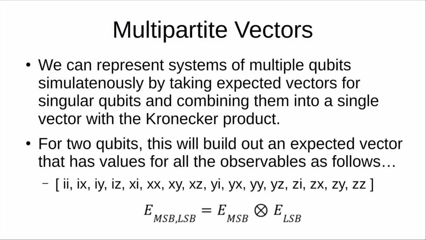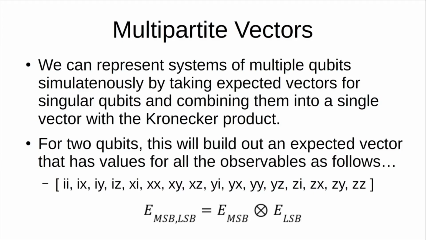So for 2 qubits, if we take the expected vector of the most significant qubit and the least significant qubit, and we compute the Kronecker product of those two vectors, we get a combined expected vector for both the most significant and least significant qubit. And this expected vector will have the form as you see at the bottom here, with this big vector. Now, I is always equal to +1, so the first element is again 1.